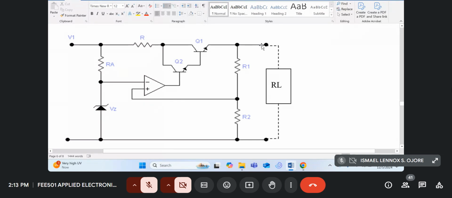But if your design problem was to design a power supply with 20 amps, and you had the same op-amp, same transistors, then you'll find it will not be possible. You'll have to look for transistors with higher gain.